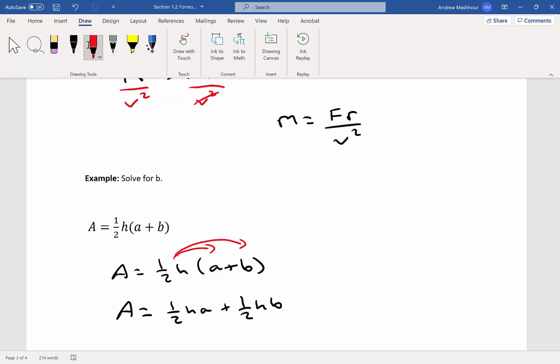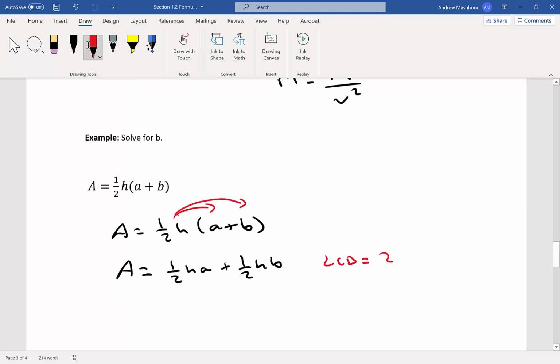So I eliminated the parentheses. Now I have fractions in the equation. I can remove those. We have two fractions here and the denominators are the same, it's just 2. So our LCD here is 2. I'm going to multiply each term by 2. So I have 2 times A is equal to 2 times 1/2 ha plus 2 times 1/2 hb.